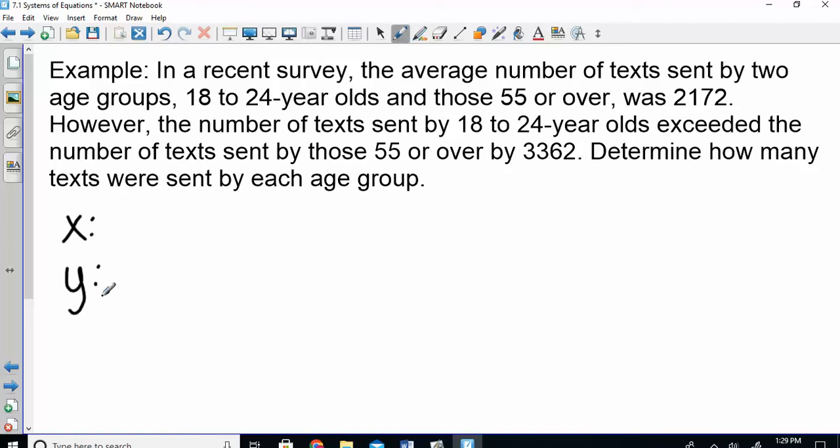So I'm trying to find how many were sent by each age group. So those need to be my x and y. So x could be the number in the 18 to 24-year-old group, and y could be the number in the 55 and up group.